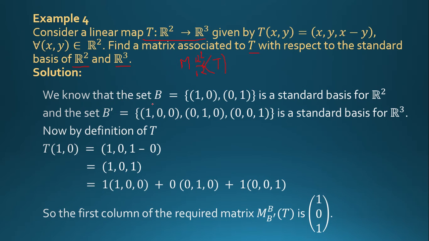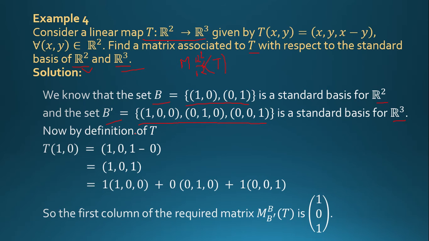Now we see the solution. We know the set B is the standard basis for R2, (1, 0) and (0, 1), and the set B dash is the standard basis for R3, (1, 0, 0), (0, 1, 0) and (0, 0, 1).